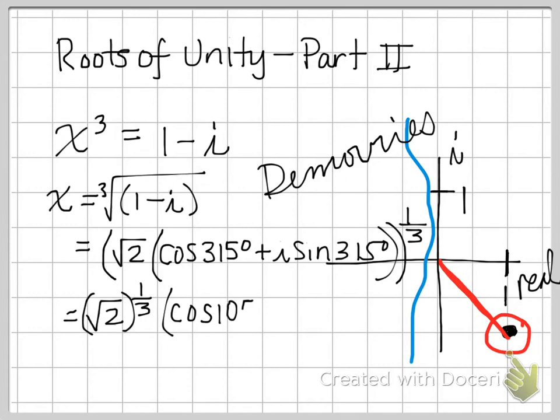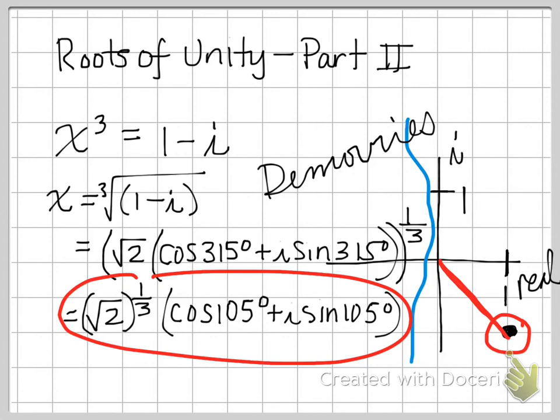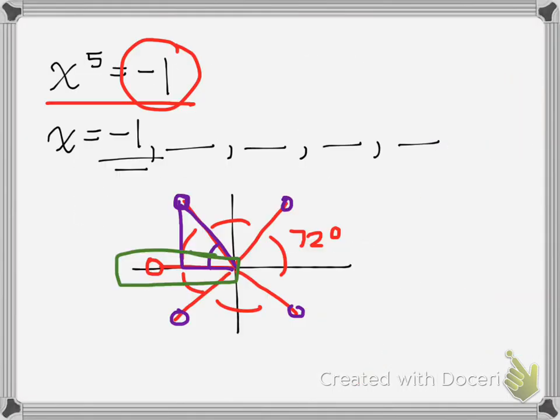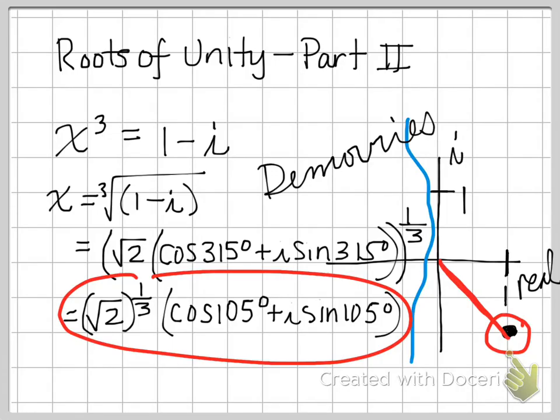So it's cosine 105 degrees plus i sine 105 degrees. Now at this point, maybe you're kind of lost, but now we're at this point here. This is the same as we were at this point here. We have our first root.